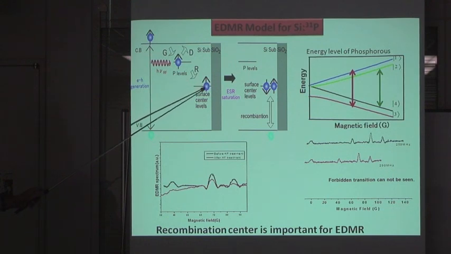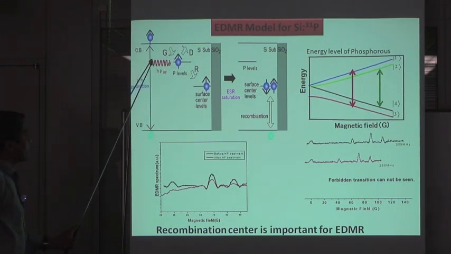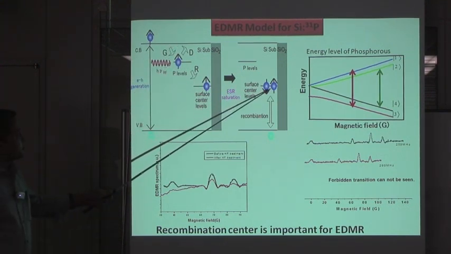But if it is in a triplet state, then it will not recombine very fast. But after application of RF, you can flip the spin of this electron, and then they can be in a singlet state, and then the recombination will take place, something like this.